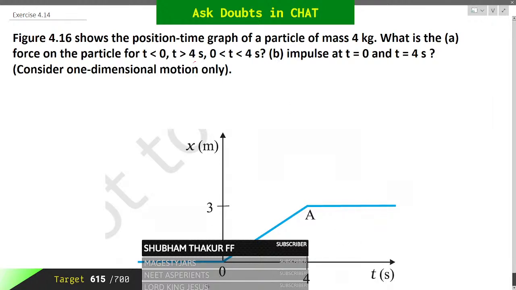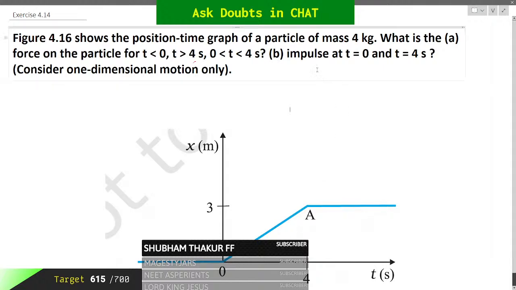Initially the body was at rest till time t equals 0, and just after t equals 0 a straight line is there till A. A straight line in a position time graph shows that the slope, or the velocity, is constant. So constant velocity is acting on the body from O to A.